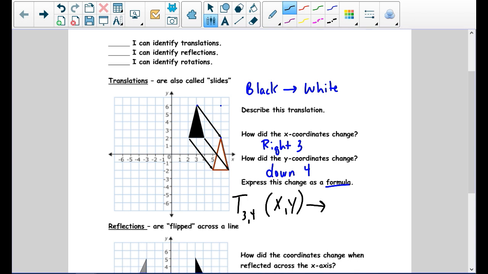Each point then gets translated. X, since we're going right 3, right is going to be positive. So X plus 3. And since we're moving down, Y moving down 4, so minus 4, and each point gets translated that way.